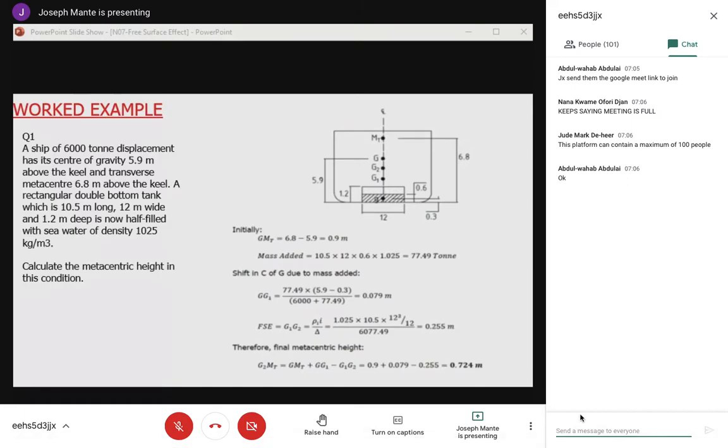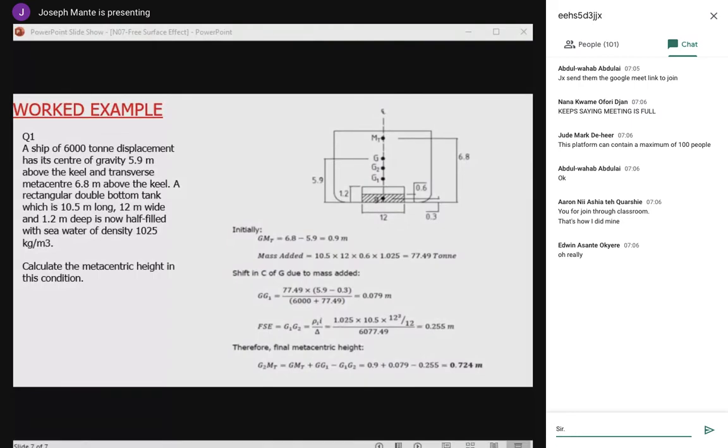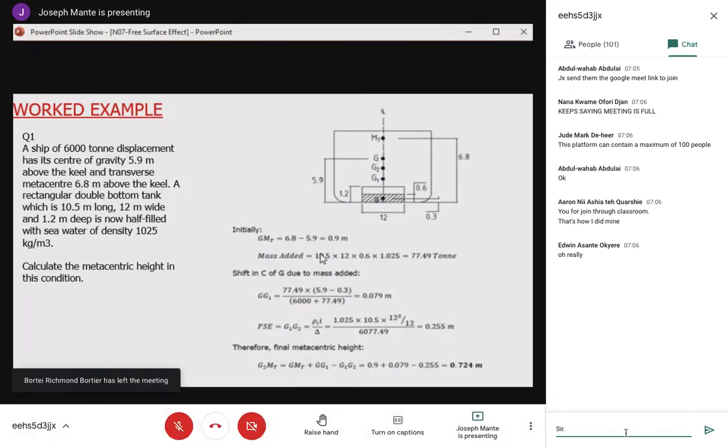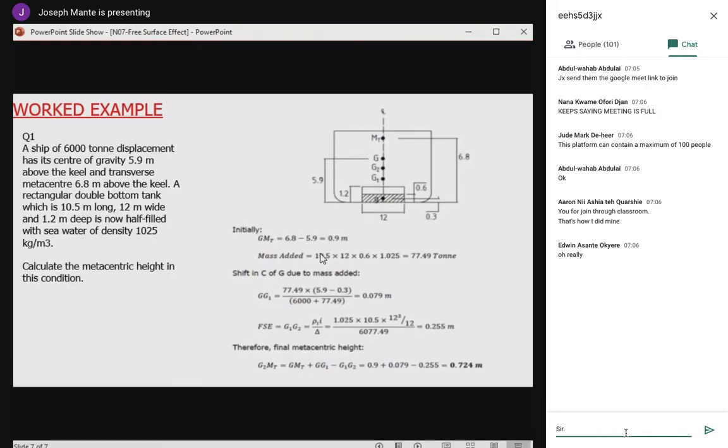Maybe if you have not paid your fees up to now, you cannot have access to some of the RMU platforms. But you guys should find some ways. I can see some people chatting and saying to join through the classroom, and maybe that will be the solution. But I have no control over the number.